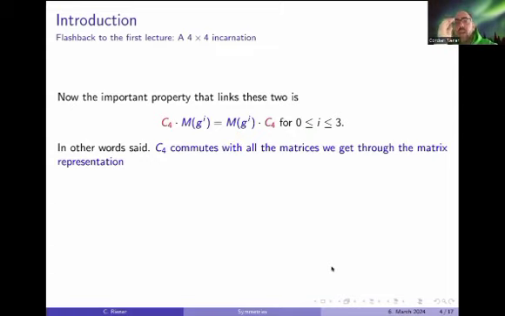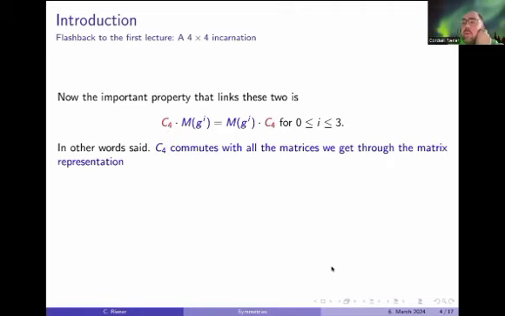I mean, this matrix changes when I let the group act on it, but it commutes with these matrices, right? This is a form of commutant.